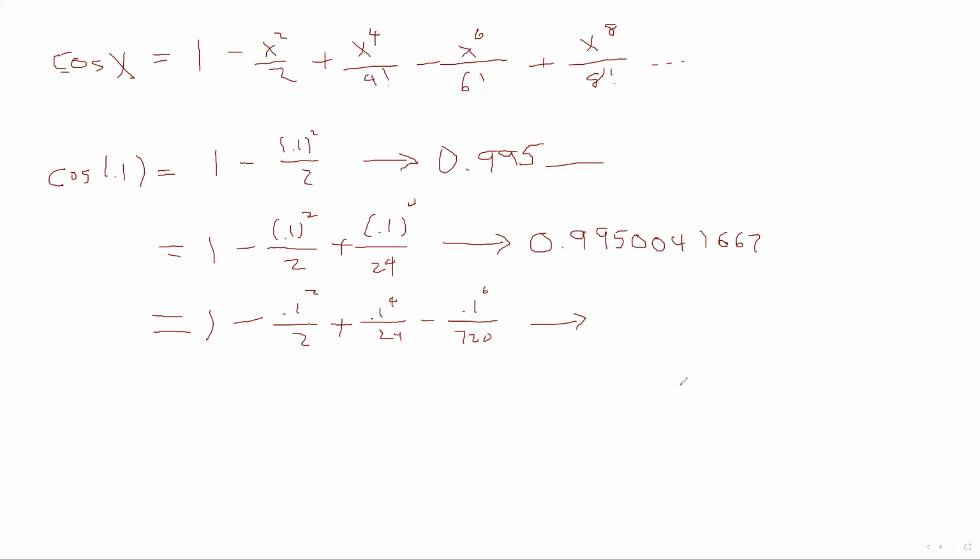So minus 0.1 to the 6th divided by 720 is 0.995004163. Look how little this changed. 14 on the very last 2 decimal places. So 14 times 10 to the negative like 7th. It barely did anything.